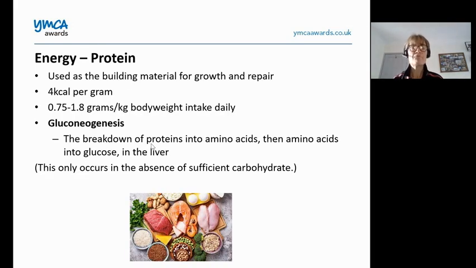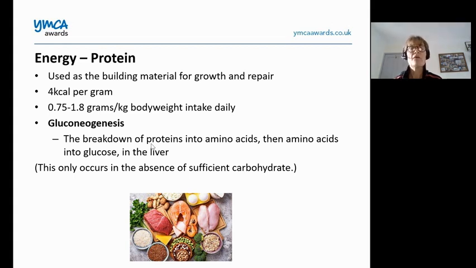And then finally, protein. Now, protein isn't usually used as a source of energy as such, as a fuel, because we need it predominantly as a building material for the growth and repair of our tissues. And like carbs, it provides 4 kilocalories per gram, and our intake is very much going to depend on our exercise levels during the day.